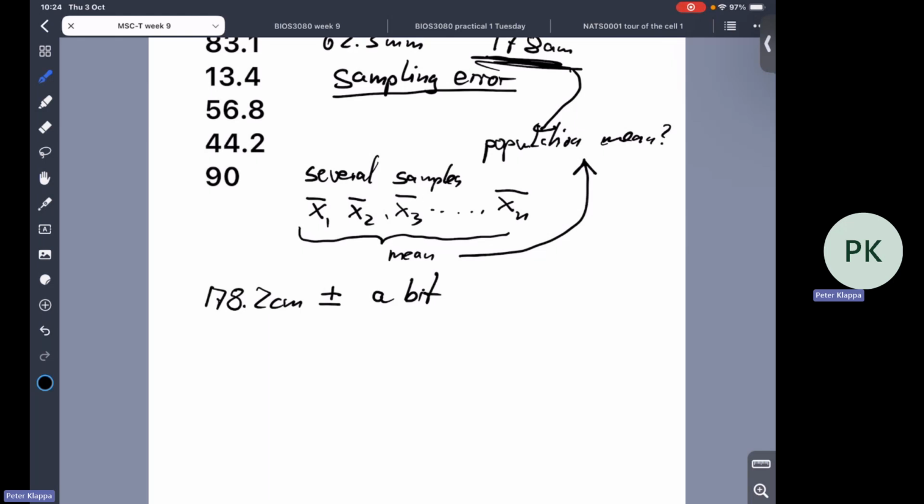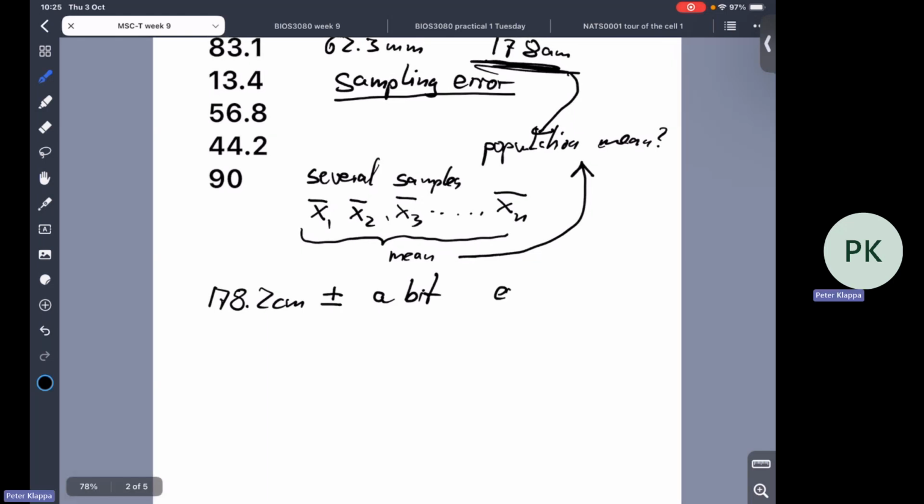It might include a sort of a range in which, sorry? Between the highs and lows of deviation. Yes, between the different measurements that I think. This is sort of an estimate for the population mean.